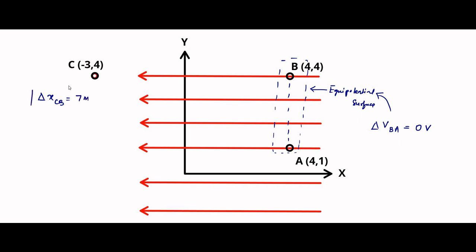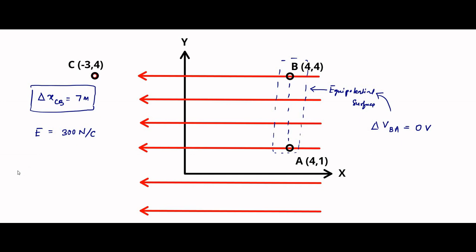This is the separation distance. Then the electric field is equal to 300 Newton per coulomb or volt per meter.